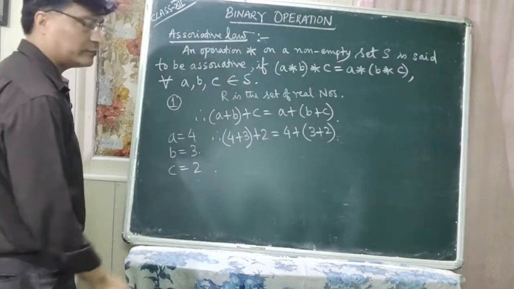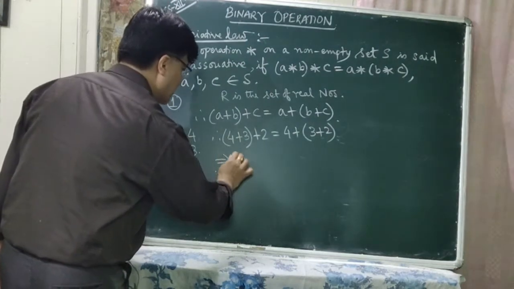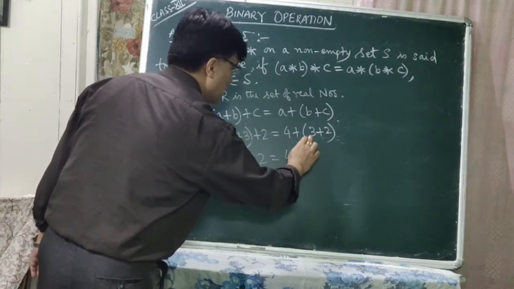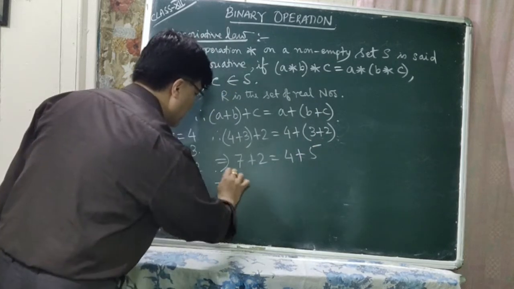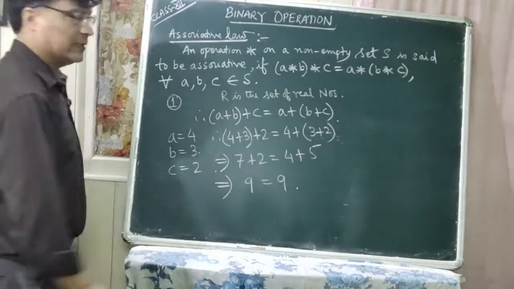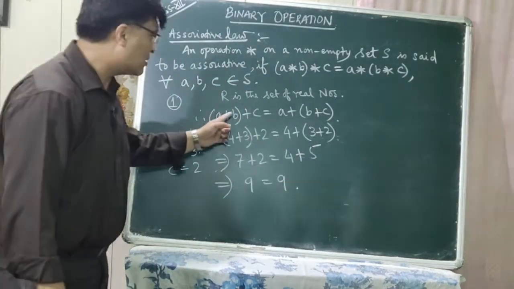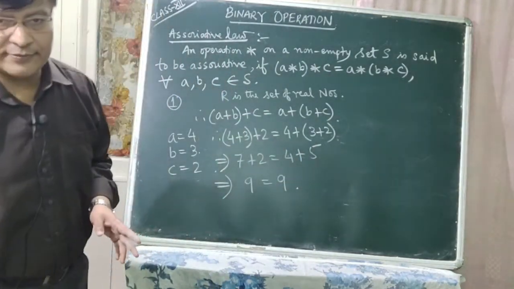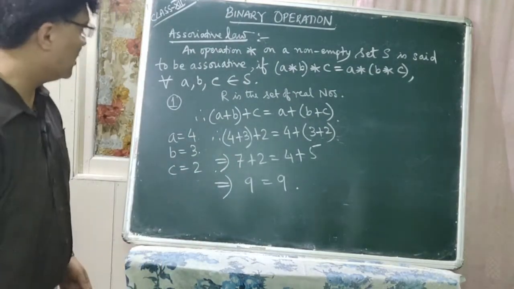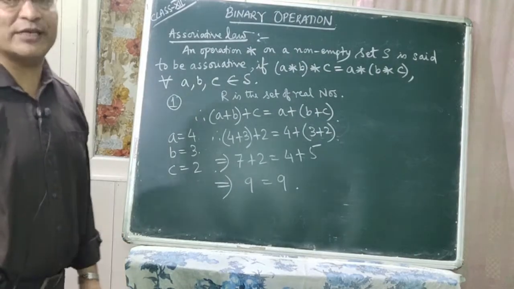So 4 plus 3 is 7, plus 2 is 9, equal to 4 plus 5, which is 9. So this addition operation is associative. I think you have understood it. This is one example of associative law.